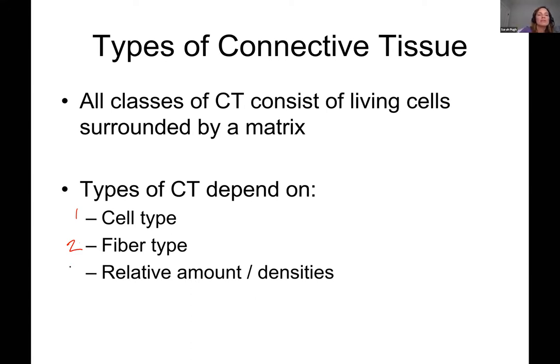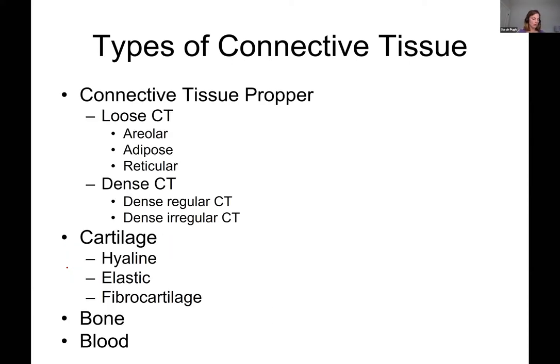And then also the amount. One of the types of tissues, like connective tissue proper, we classify into loose and dense. So the amount of fibers that you have, how jam-packed everything is, will tell you a lot. So here's our connective tissues that we'll walk through. The first one that we'll do on Wednesday is connective tissue proper.